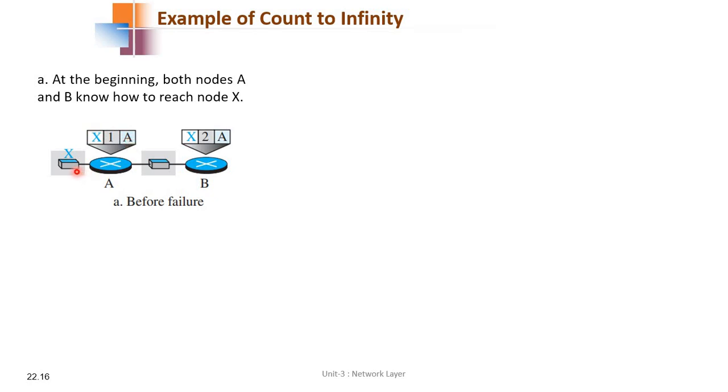So here device X is connected to router A. And in this scenario, router B would like to transfer a packet to device X through router A. But by mistake, what happens?